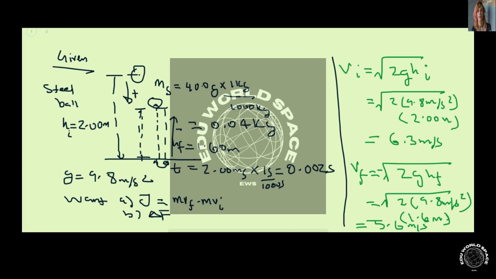In the next page, we're set to compute the impulse, which is final minus initial. We have to put in the mass. If I go back, the mass is 0.04 kilograms.